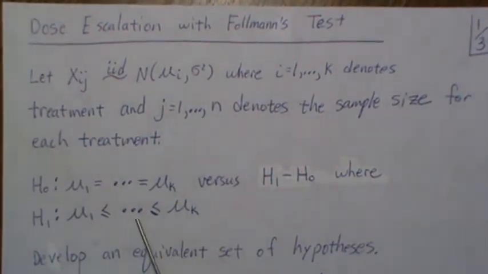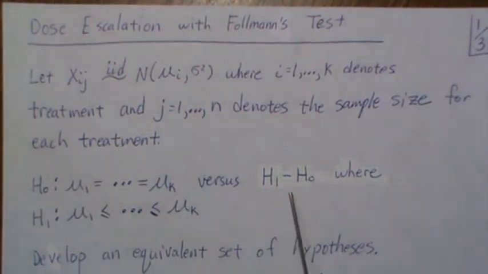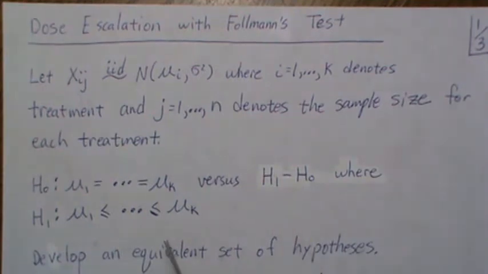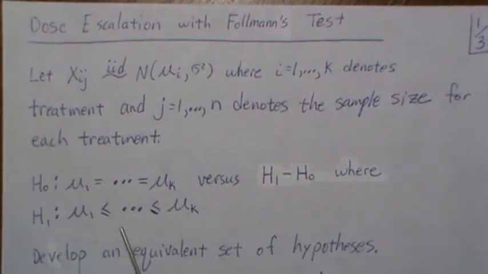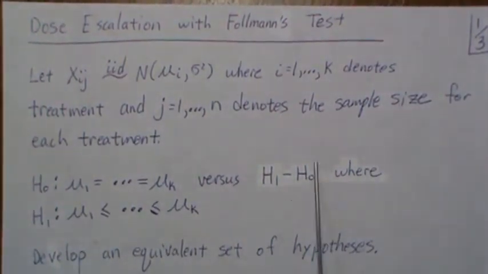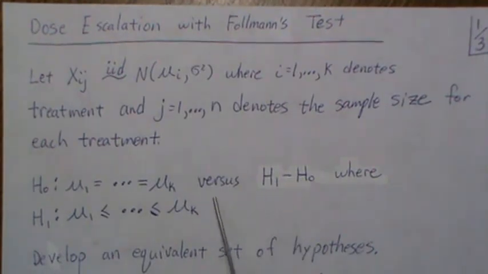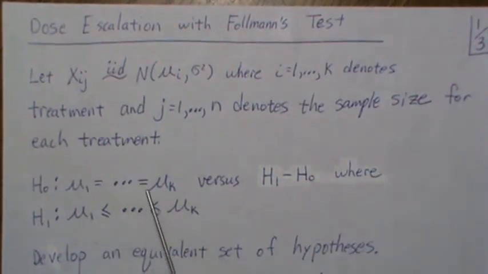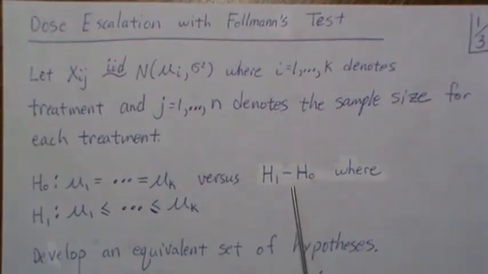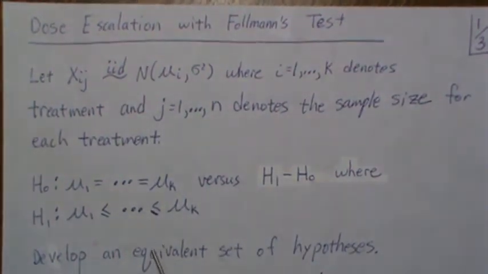Again, the hypothesis we want to test is H0 versus H1 minus H0, where H1 is this simple ordering. We've stated it like this because usually you have to say at least one component is a strict inequality. But if you just exclude the possibility of all equal in the alternative hypothesis, then that's equivalent.